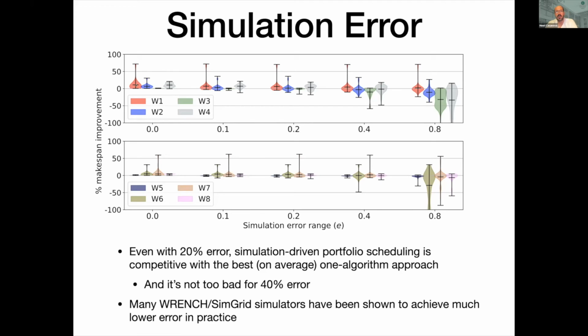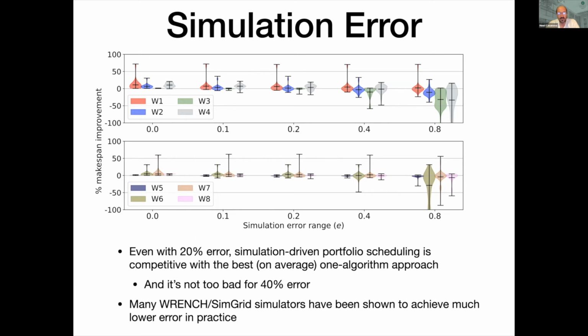Now, what we see is that things stay relatively okay up until 20% error. Now, there are some values below 0, but again, we are comparing ourselves to the best possible choice a developer could use by picking one algorithm out of the 36, right? When the error gets out around 40%, we see that many points are below 0, and at 80%, expectedly, at this point, the simulation is very inaccurate. Right?